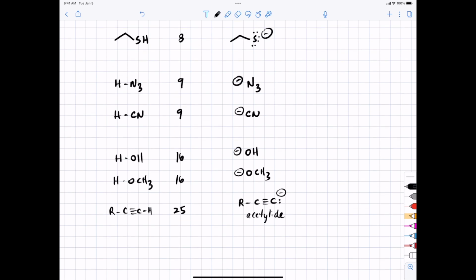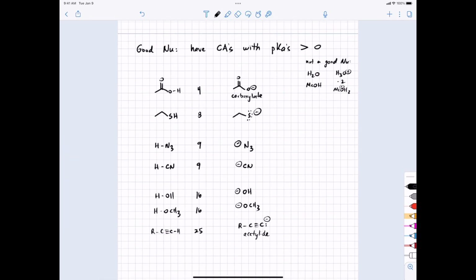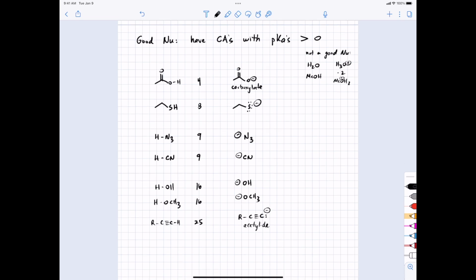Yeah? So essentially, all bases can be nucleophiles, but not all nucleophiles are good bases. So what I will say is that good bases, Bronsted bases, have conjugate acids with pKa's greater than or equal to 16.